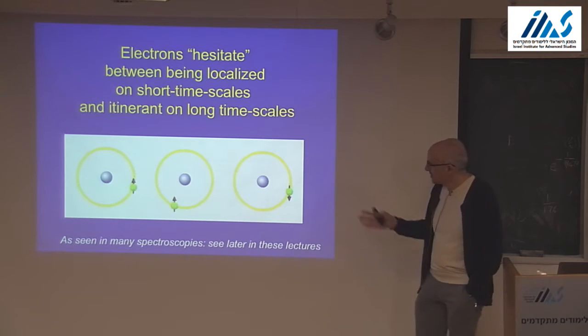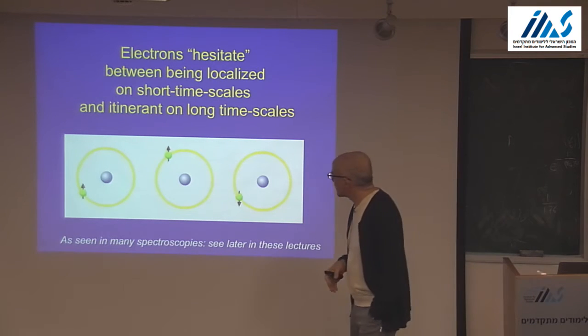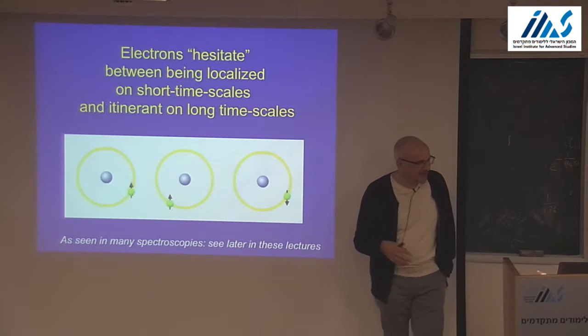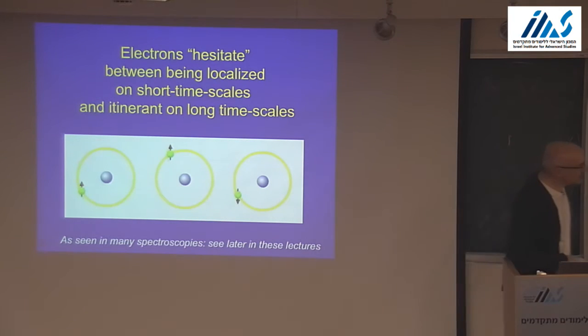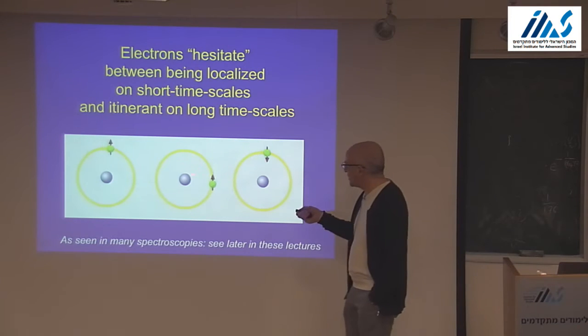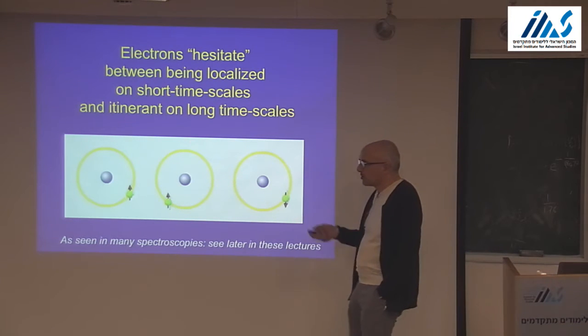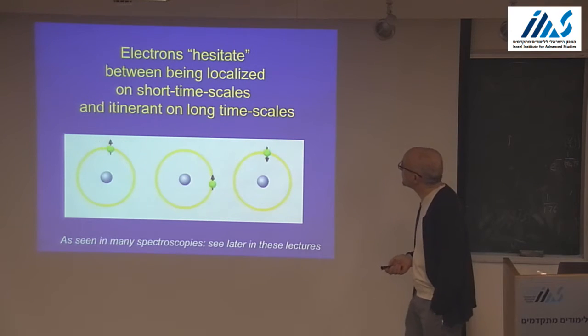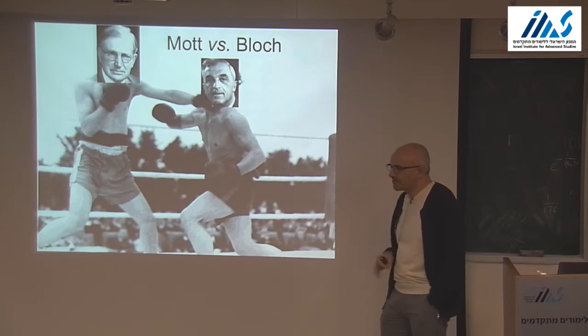That's probably the cartoon that any theorist has of a solid. A bunch of atoms with some atomic shell. The electrons can hop from one atom to the next, but that hopping can be impeded by the on-site U. So that's the cartoon we should have in mind. So it's a story of Mott versus Bloch.